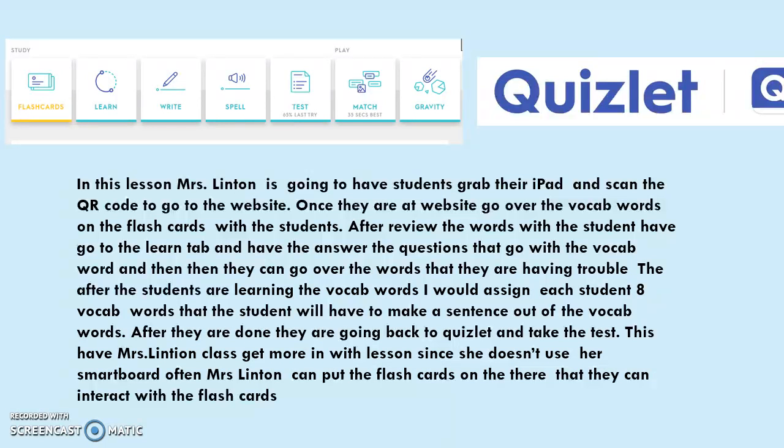And once they are at the website, they will go over to the vocab word. And then, on the flashcard, the students will review the words and study them. And then, once she thinks that they have a grasp of the words, they are going to go to the Learn tab, and they're going to be answering the questions in the Learn tab.